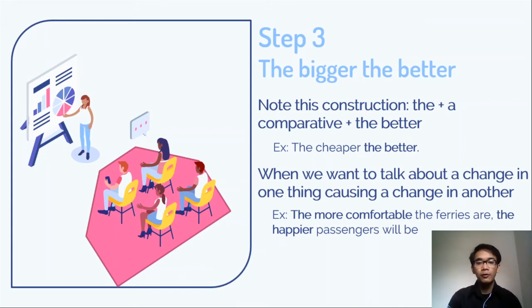Example: the more comfortable the ferries are, the happier passengers will be. The ferries have a change, so the ferries cause a change in another. That is, the passengers will be happier.